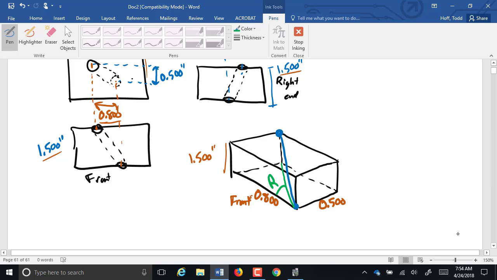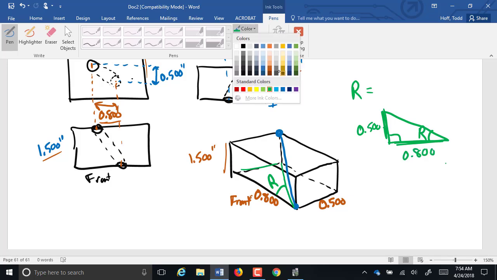So what do we use to calculate R? Well, we've got R here as an angle, right? What's this side? That is the 0.5. What's this side? The 0.8.